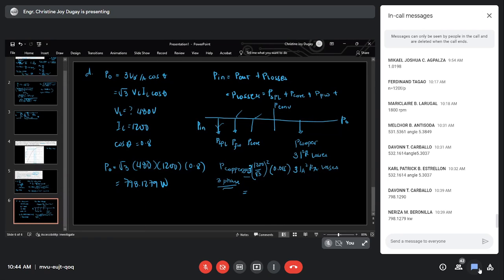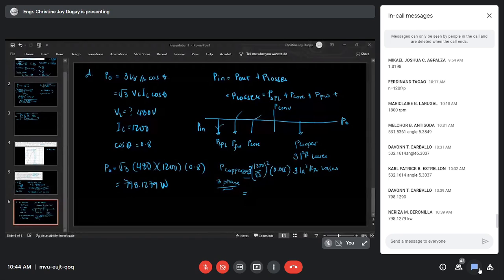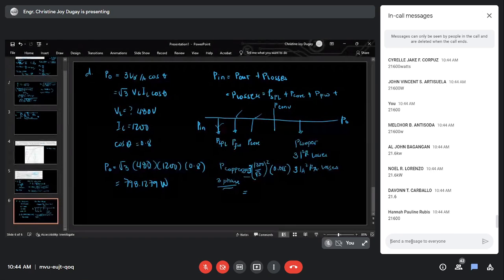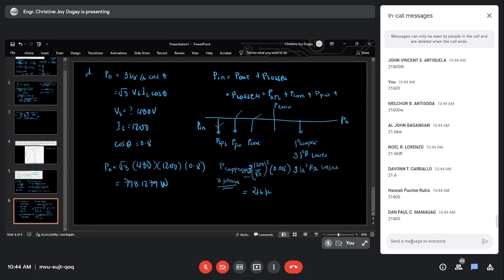So what is now the total na copper losses natin in 3-phase? According to Tagaw, that is 21.6 kilowatt. Lagay ko na lang siya na 21.6 kilowatt.